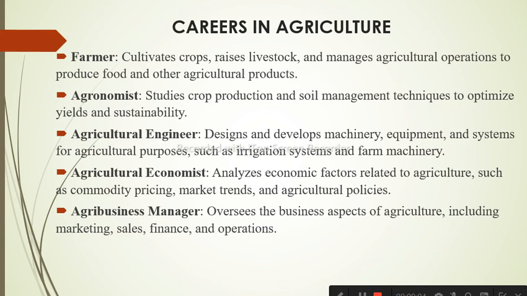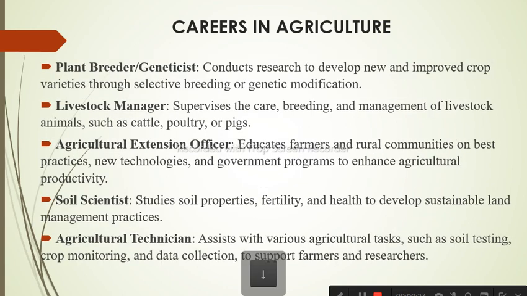An agricultural economist analyzes economic factors related to agriculture, such as commodity pricing, market trends, and agricultural policies. An agricultural business manager or agribusiness manager oversees the business aspects of agriculture, including marketing, sales, finance, and operations. A plant breeder or geneticist conducts research to develop new and improved crop varieties through selective breeding or genetic modification.